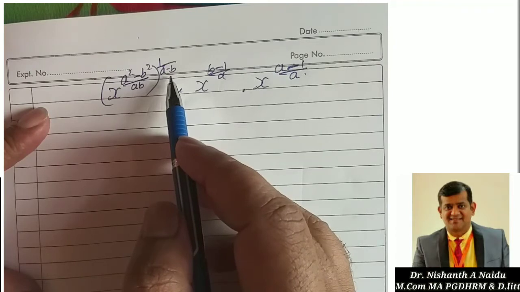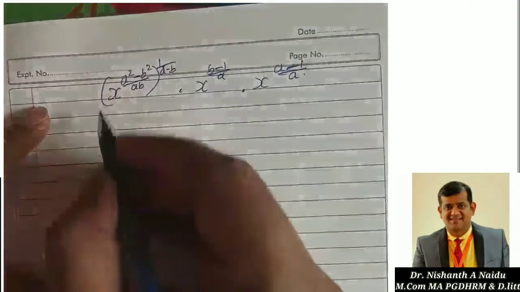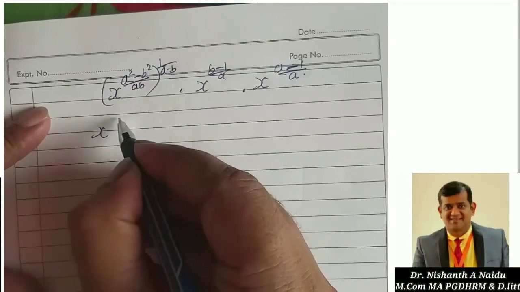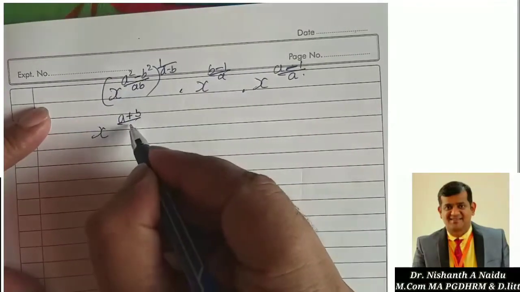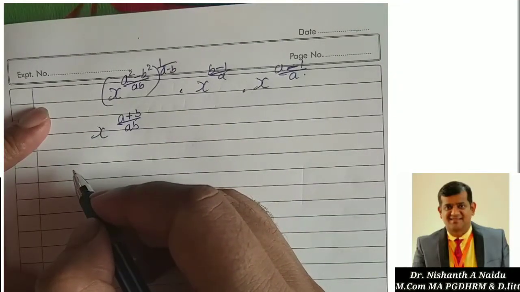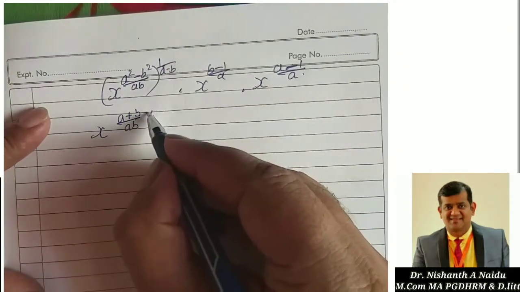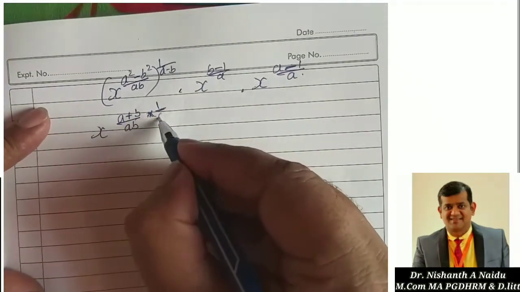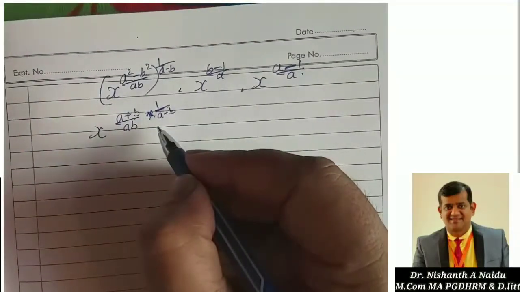Clear? So in the next step, what simplification can we do? Remove the squares. That is x to the power of (a plus b) divided by ab into 1 divided by a minus b.